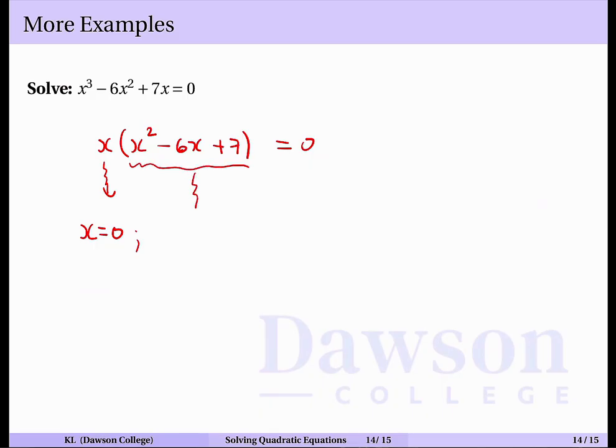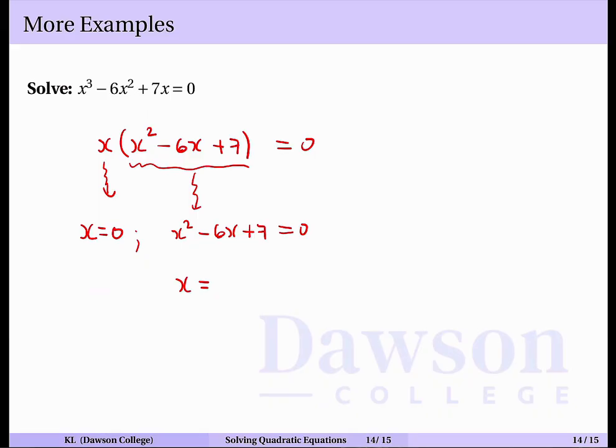From this part, it means x squared minus 6x plus 7 equals 0. So this is a quadratic equation. We can do quadratic formula as well. If it has a value, I think it will have.